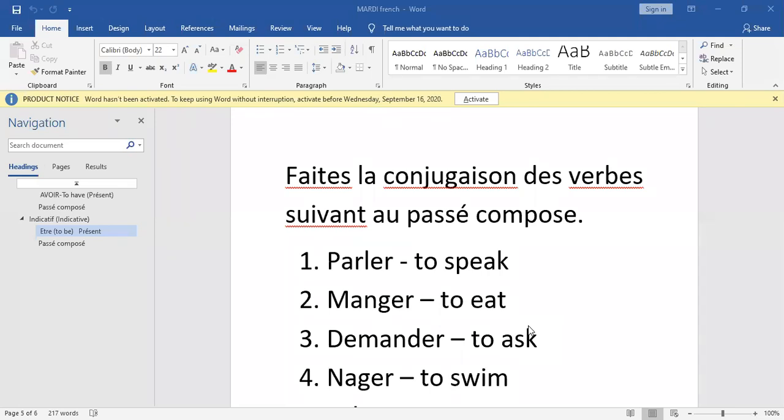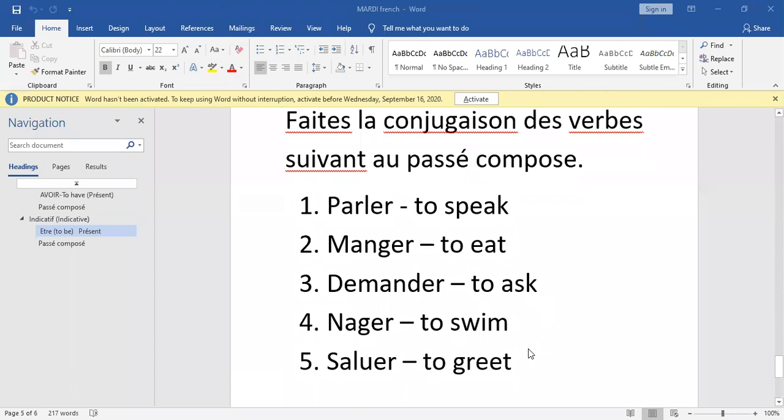The verb to speak, parler. The verb to eat, manger. The verb to ask, demander. The verb to swim, nager. And the last verb here, the verb to greet, saluer.